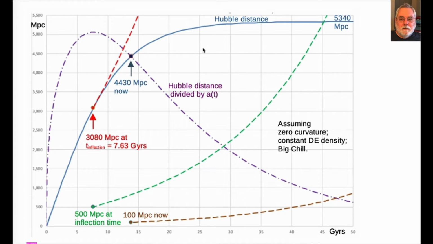The Hubble sphere is the locus of points in space that are receding from us presently at exactly the speed of light. The Hubble sphere lies within our observable universe and is expanding in time as the universe expands, for a flat universe and constant dark energy density. The Hubble surface is receding away from us.